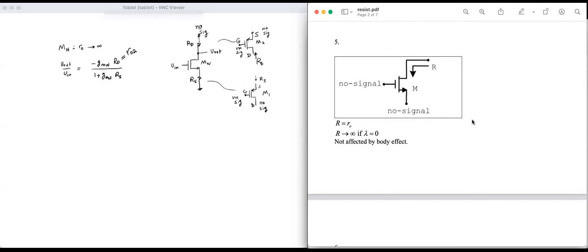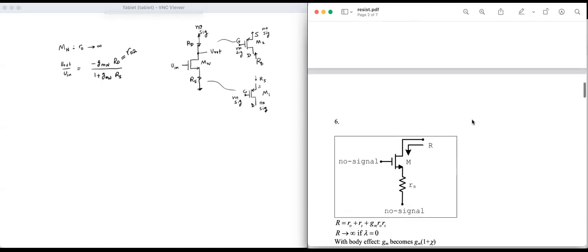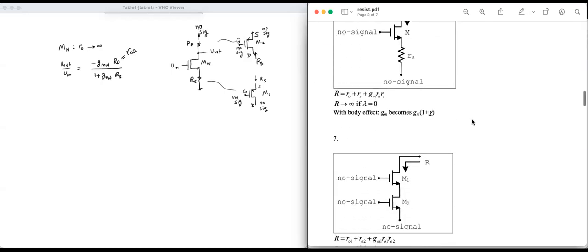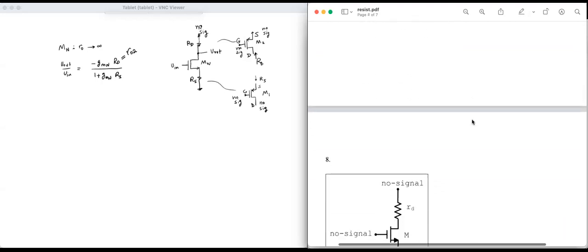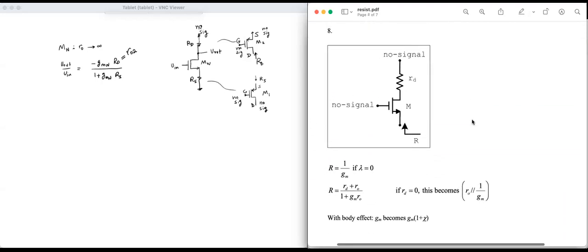What about RS? RS is the resistance seen looking into the source terminal of a MOSFET, M1 in this case. So let's look for that. This is looking into the drain, looking into the source. Oh, here it is. If I'm looking into the source of a MOSFET with no signal at the gate, there's a small RD in the formula, RD plus RO over 1 plus GM RO. But I don't have a small RD in this case, because the drain of M1 is directly connected to ground.